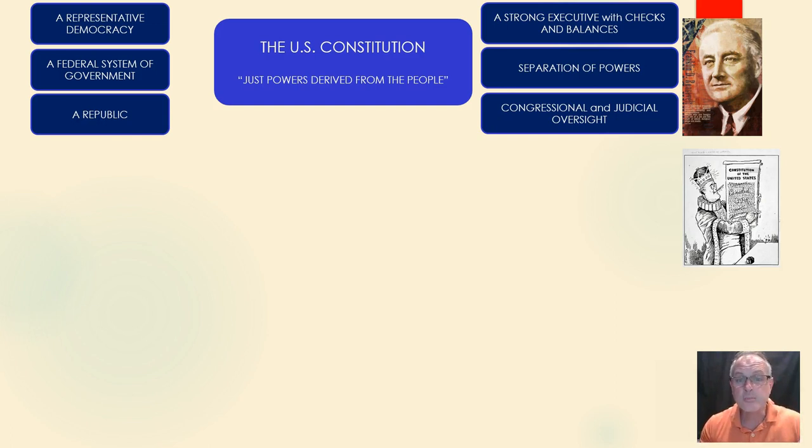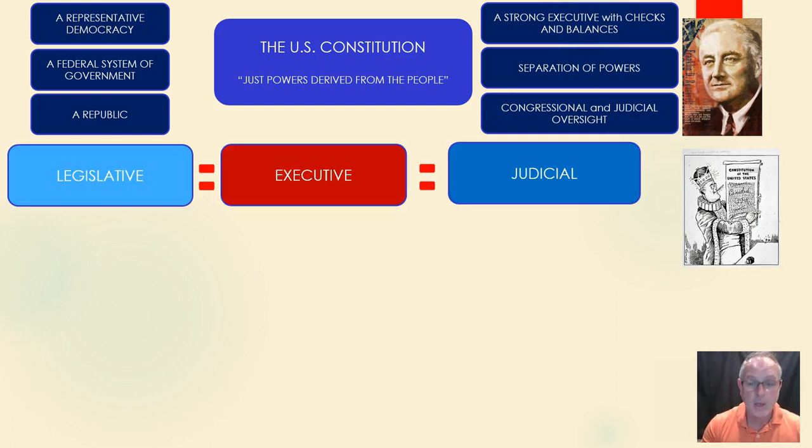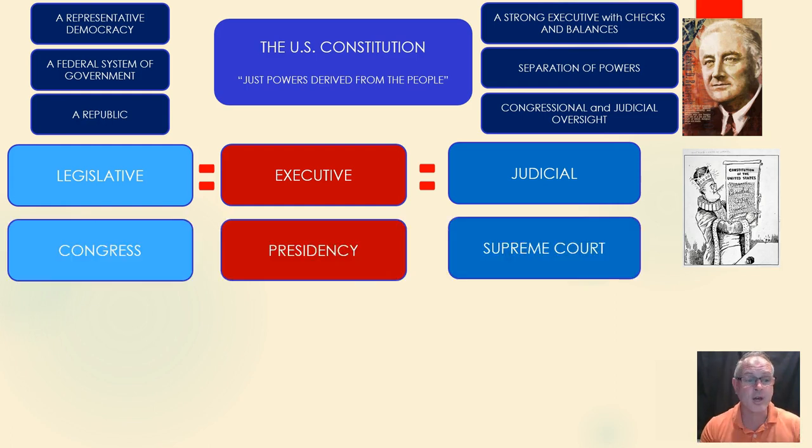The Congress, the US Parliament, and the judiciary, represented by the Supreme Court of the United States, have oversight. They can call each other into account. So they're referred to as being co-equal branches of government: the legislative, the executive, and the judicial branches of government.